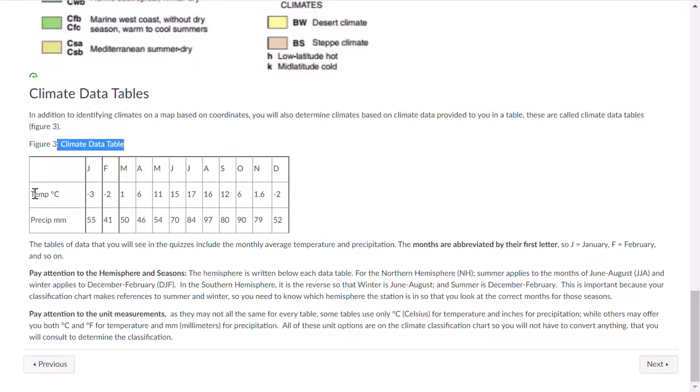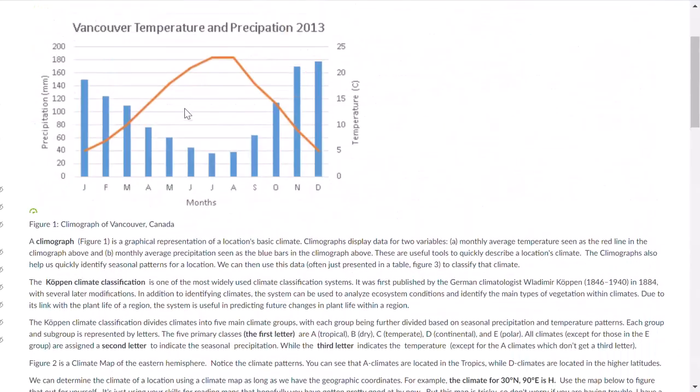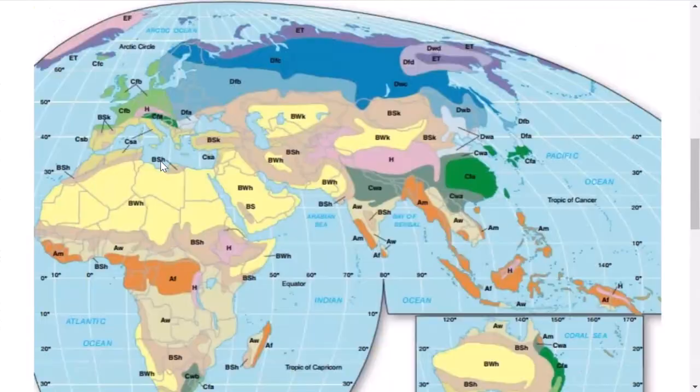So again, here we can see temperatures and how that temperature changes throughout the year, as well as precip, which I've shortened to precipitation, measured in millimeters. And so this information is what you're going to need in order to plot that onto other graphs so that you can see which ones are accurate.